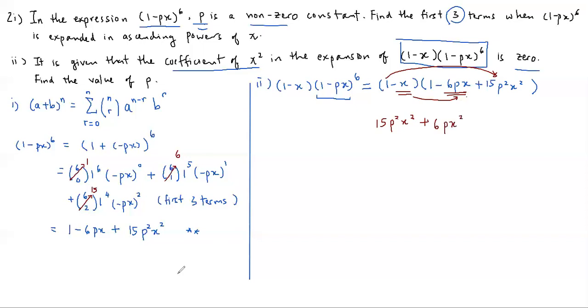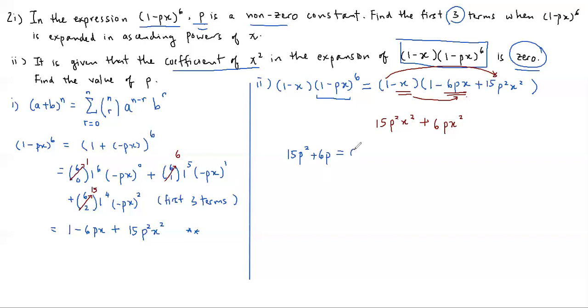So we have all these x squared terms. You are given that the coefficient of x squared is 0. Just delete the x squared. You have 15 p squared plus 6p. That is the coefficient of x squared, and it is 0.